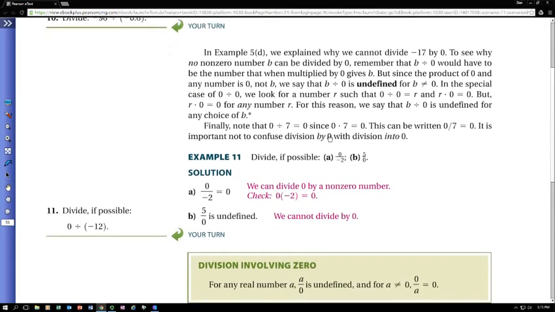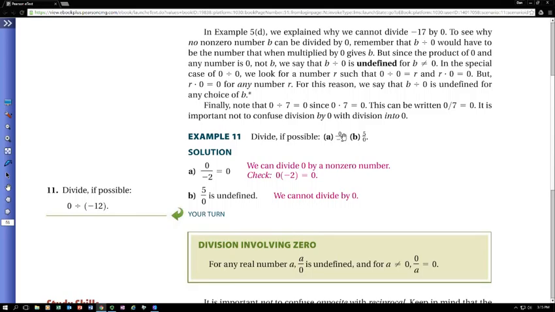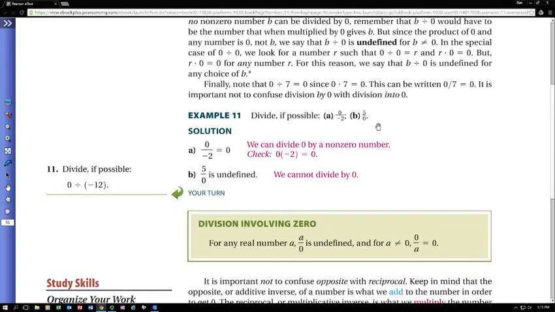Again, this division by 0 thing comes up, and they're actually going to define that. They want to point out that if you have a numerator of 0 and a number in the denominator, the result is 0. It's like saying, if I had 0 things and I want to pull them out into groups of 2, well, I can't pull any out.